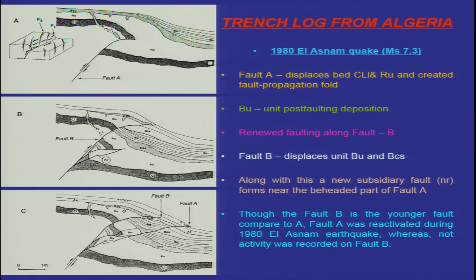So, we have to be extremely careful talking about which fault strand has taken up the slip during the recent event, and that can be done based on the cross-cutting relationships you will examine in the trenches.